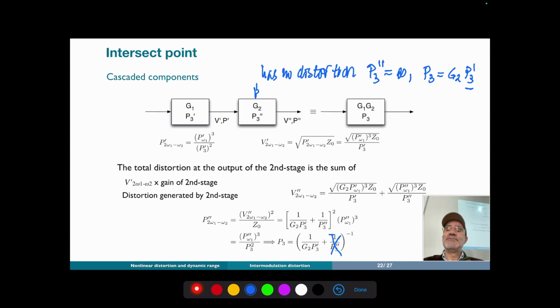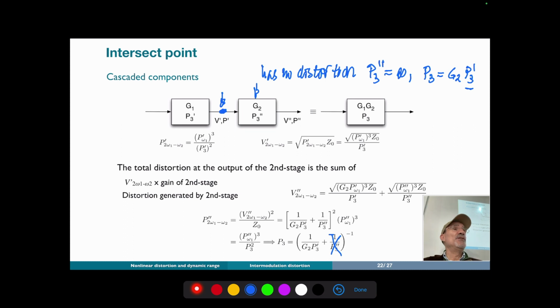Okay, which means that if we have a certain P3 referred to the input of the second amplifier, and we want to define the third order intersect point at the output of the amplifier, we just need to multiply by the gain.